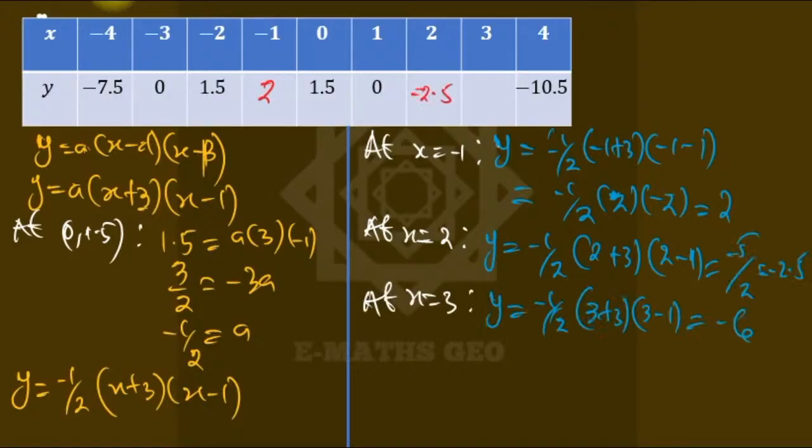Once we fill up the table, the next thing is to plot the graph. But before plotting, you need to know the scale so that the graph will be very large, very big.